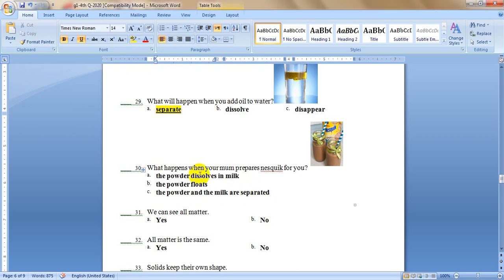Of course, the powder dissolves in milk. You cannot see it. You will find one drink which is completely dissolving. The powder here is not clear. The color of the milk changes to be brown as the color of the powder, so it dissolves.